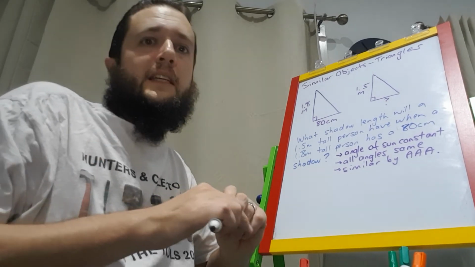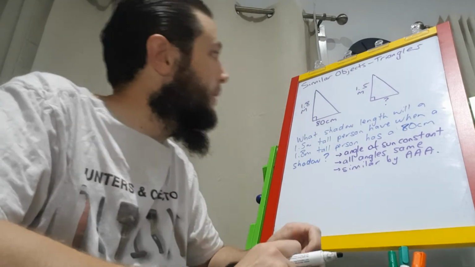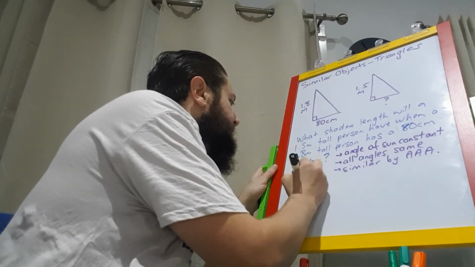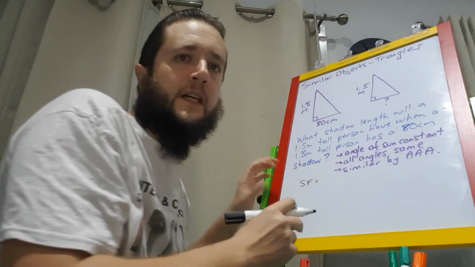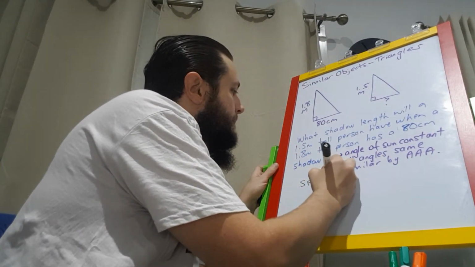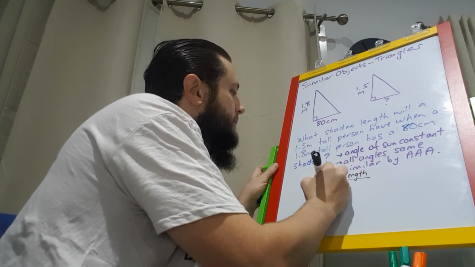To find the length there though, we can simply find the ratio between the two triangles. So the scale factor, remember how I said for scale factor you should use the larger value divided by the smaller one? So larger length divided by smaller length.